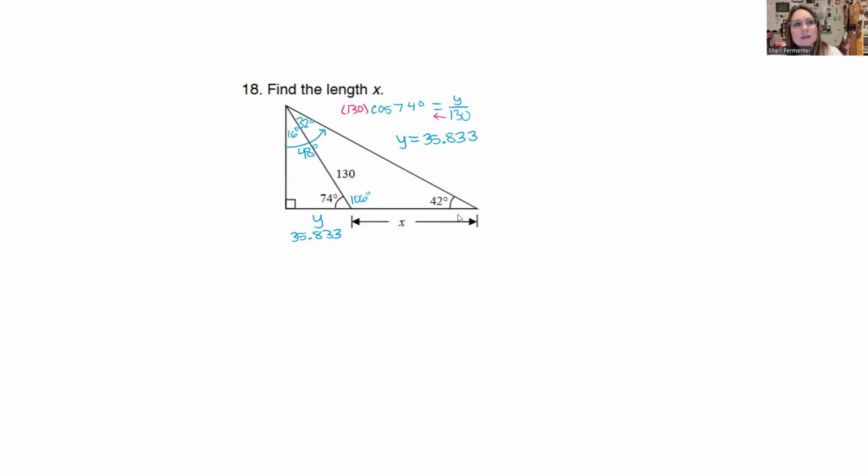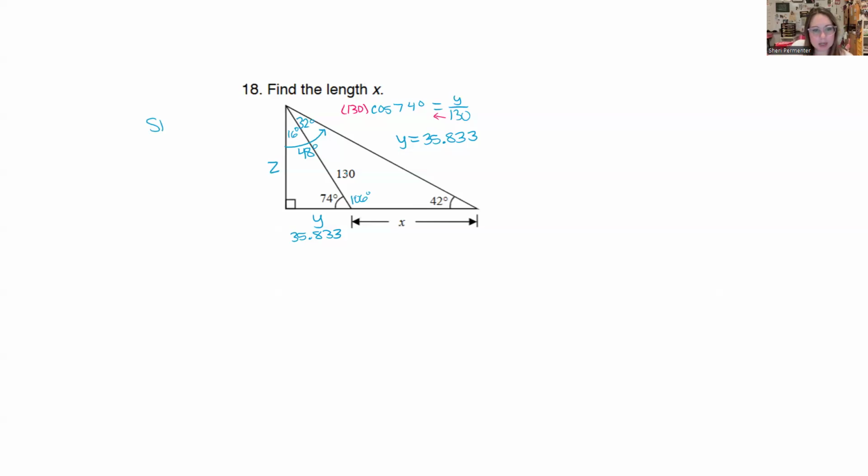All right, now I'm going to try and find the length of the whole thing. I can't really do that unless I know one of the side lengths of the triangle. So it looks like I'm going to have to figure out this side length. I can do that. I'm still going to use 74, but I can call this z. To find z from the angle 74, because again, I'm going to try and use given information before I use solved information. So from 74, I have an opposite over hypotenuse. So what trig ratio goes with opposite over hypotenuse? Sine.